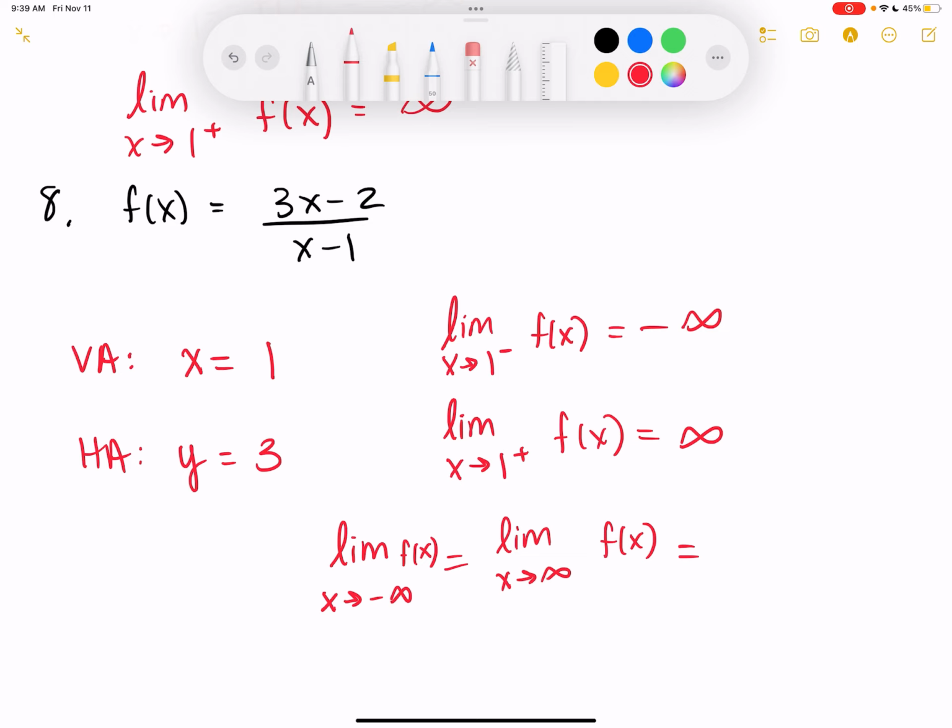When it's getting really, really big, I don't care about anything that comes after the first terms. So if I plug in negative infinity, negative infinity times 3 over negative infinity, the negative infinities cancel each other top and bottom, so you're left with 3. If I plug in positive infinity, they cancel each other top and bottom. You're left with 3. So it's equal to 3.